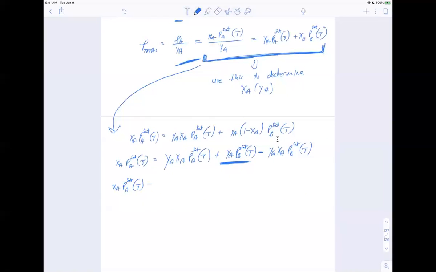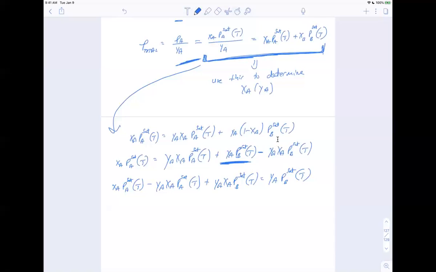minus ya xa PA sat of T plus ya xa PB sat of T is equal to ya PB sat. Again, we only left the ya times the vapor pressure of B on the right-hand side.